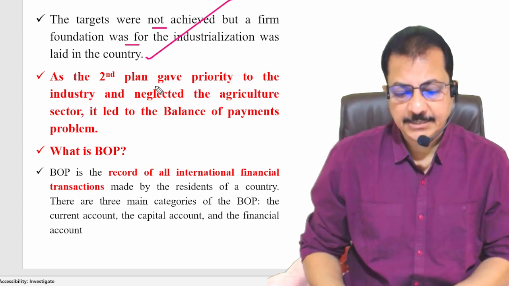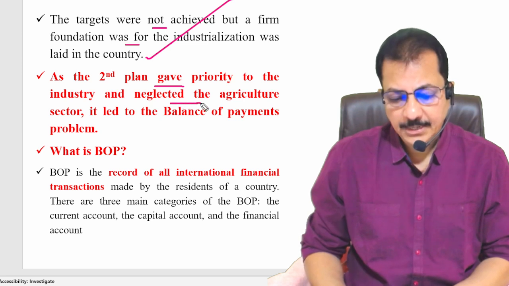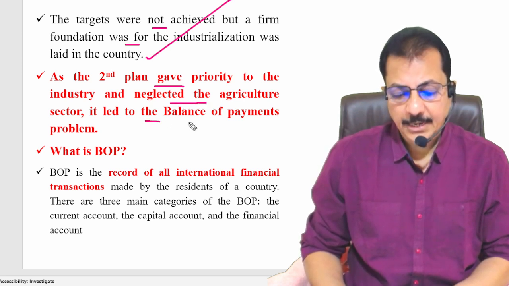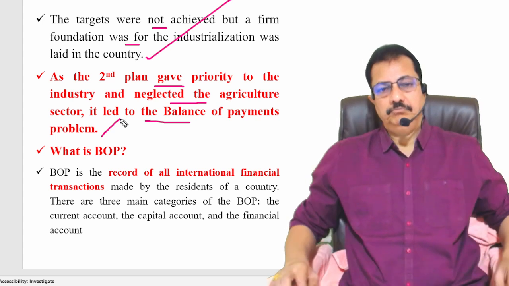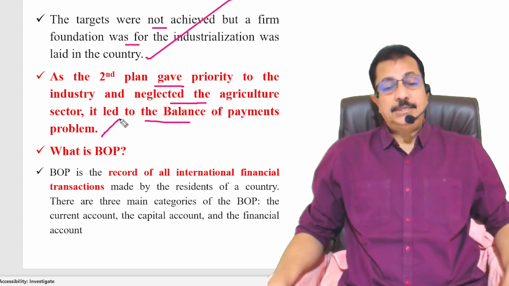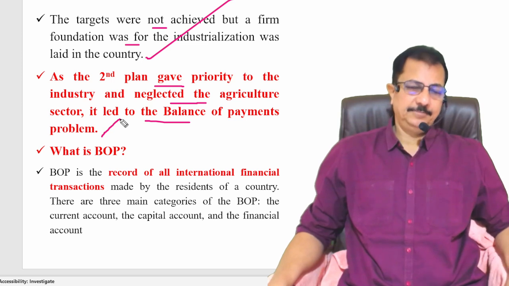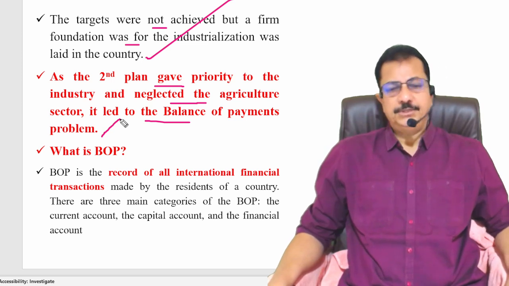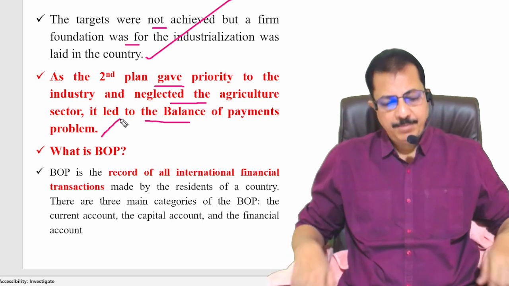So as the second plan gave priority to industry and neglected agriculture, it led to the balance of payment problem. This India experienced during the second 5-year plan. So this is the time for us to know more about what is the BOP, balance of payment problem.